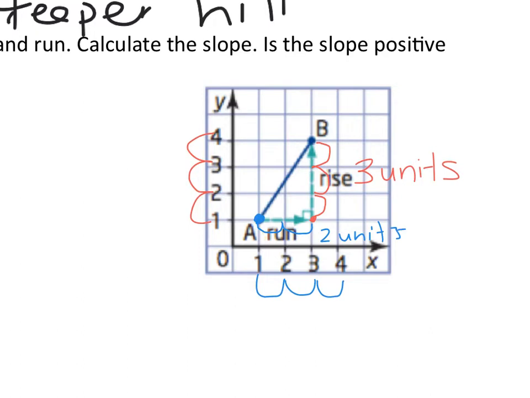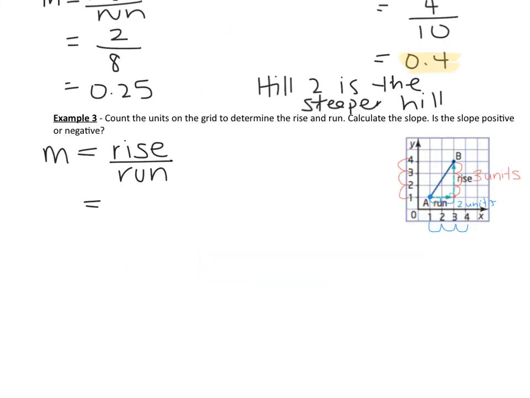So now that I know my values for rise and run, I can take those numbers and input them into my equation. Okay, so my formula is m equals rise divided by run. My rise, we counted it out to be 3 units, divided by my run, which is 2. So we are going to do 3 divided by 2. Now, it does work out to be a nice decimal.